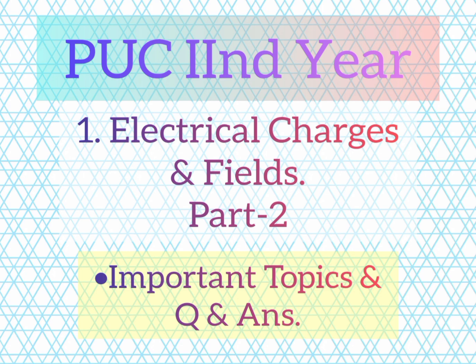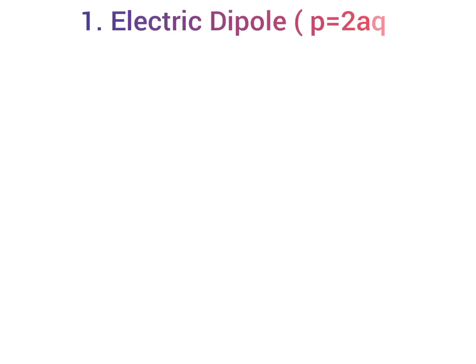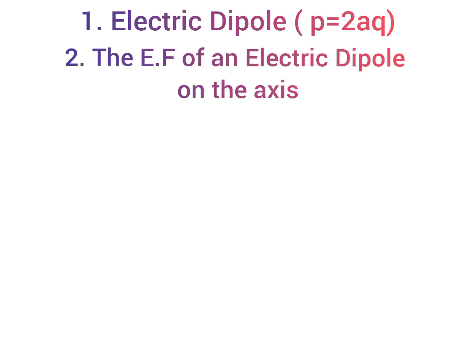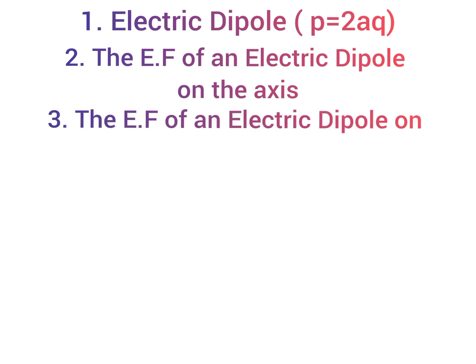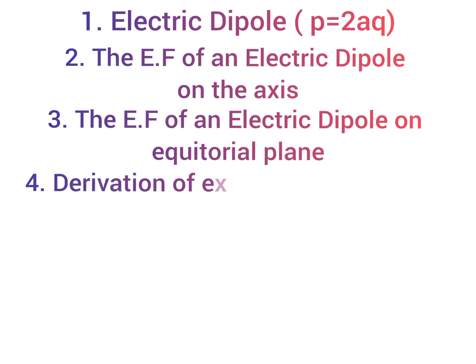What we discussed in this video: first one is the electric dipole, that one is P is equal to 2aq. Second one, expression for the electric field of an electric dipole on the axis. Here, the electric field of an electric dipole on the equatorial plane. And next, derivation of the expression for torque.